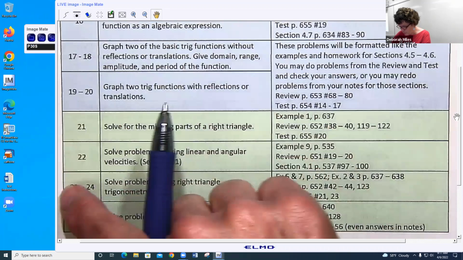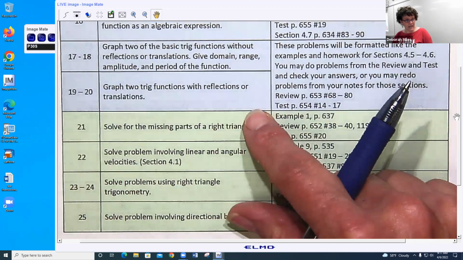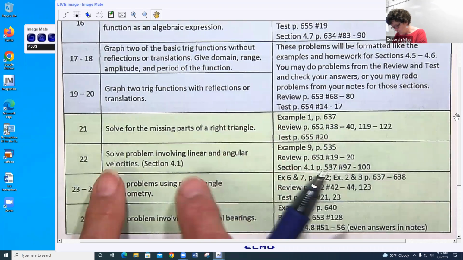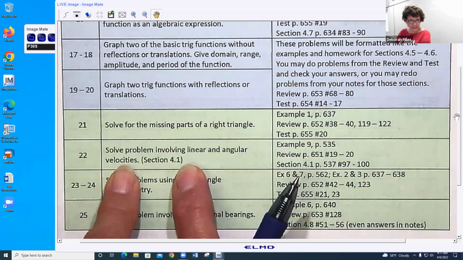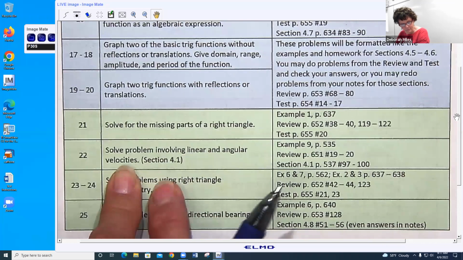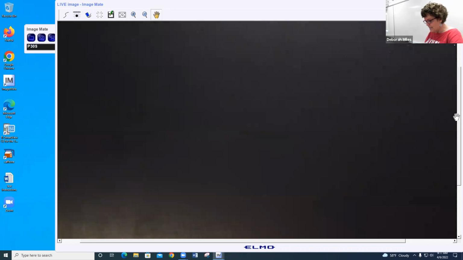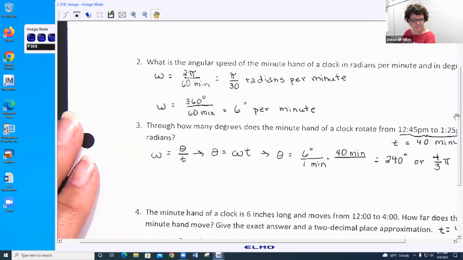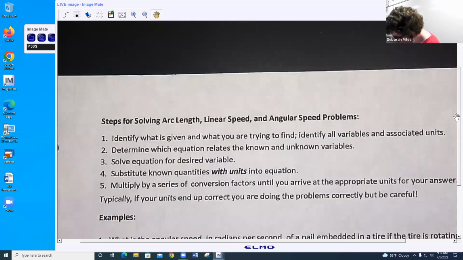Actually, 21, 23, 24, 25, all 4 of those are like we did today. And then number 22 is linear or angular velocity. And we need to look back at 4.1 real quickly. This is page 2-ish of your 4.1 notes.